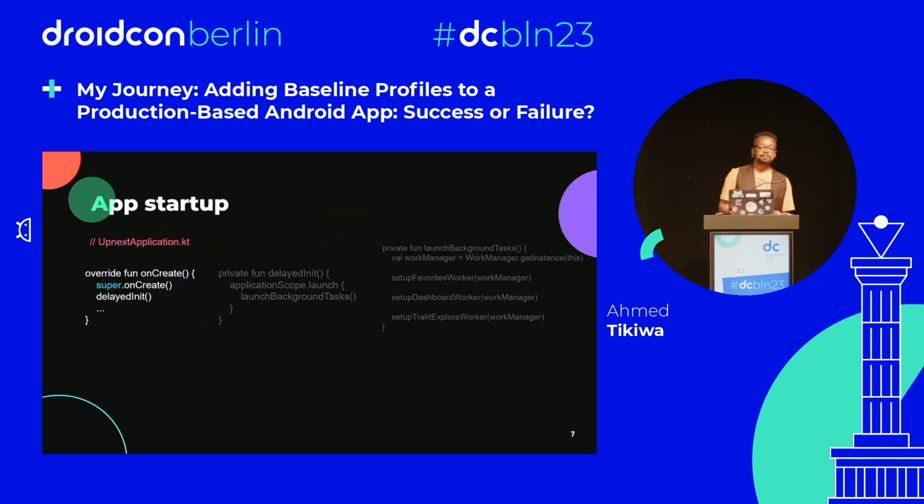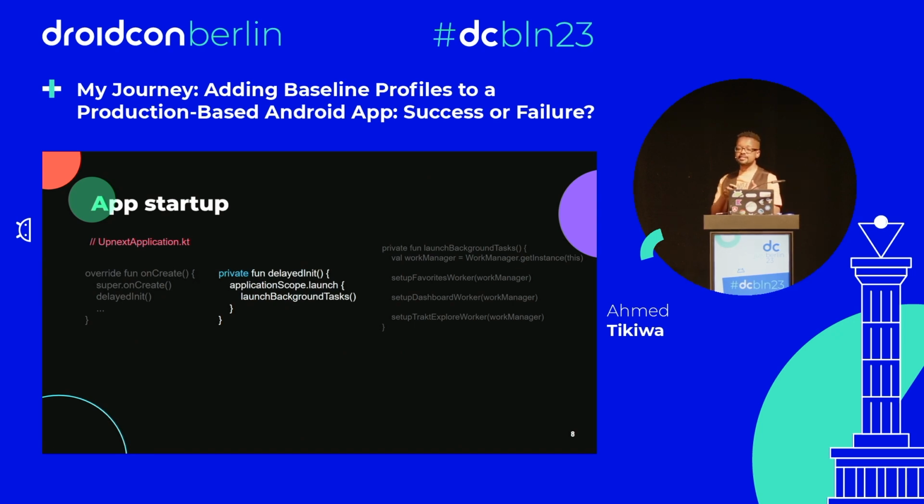When the app is launched for the first time, it goes through a class called UpNext Application. This is a class I created which extends the Android application class. It overrides the onCreate function and calls a custom delayed init method.